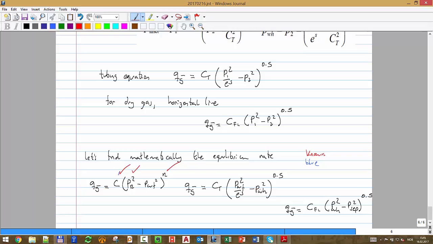And reservoir pressure, I have it. Bottom hole pressure, I don't have it, right? This one is also an unknown, the rate, what I want to find out. So I have one equation, two unknowns.